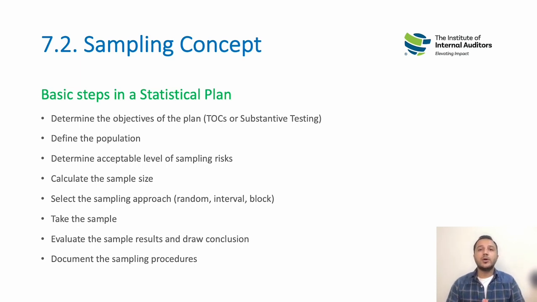So whenever we come across any working paper of any internal audit engagement, we know what the audit objective was from reviewing that process, what risks we were looking at, whether they have an effective control, whether the auditor intended to do test of controls or substantive testing, what the methodology was, how they reached their sampling size, and what the overall conclusion is, whether these controls are effective or not effective. And thus the audit finding goes to the audit report.